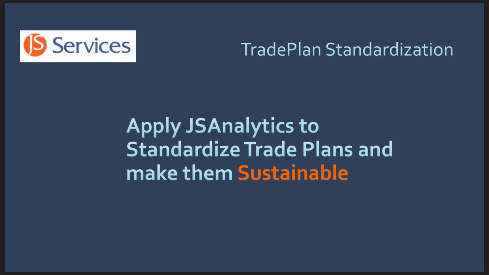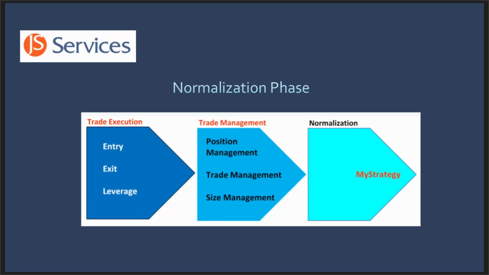So we apply JS analytics to standardize trade plans and make them sustainable. By using our market state analytics and standardizing your trade plan to it, it'll make your method more sustainable, which is what we all want.